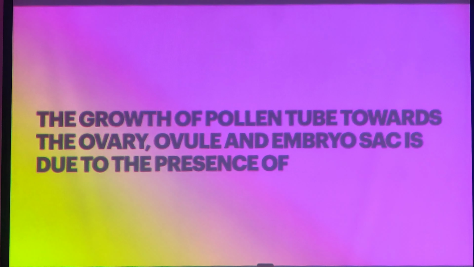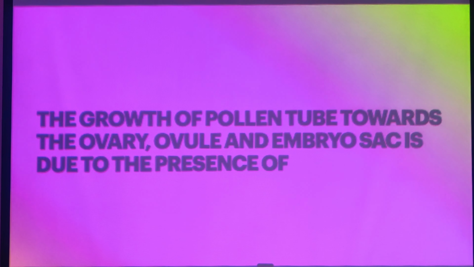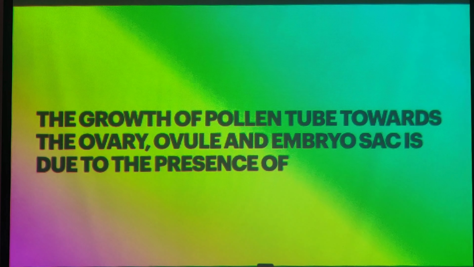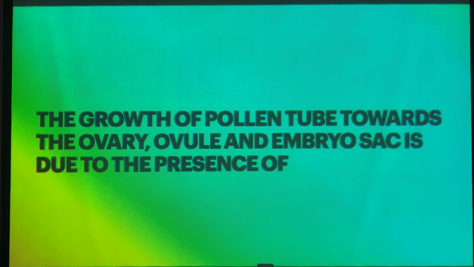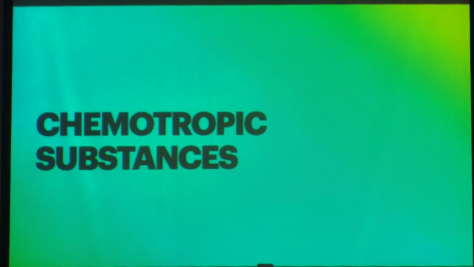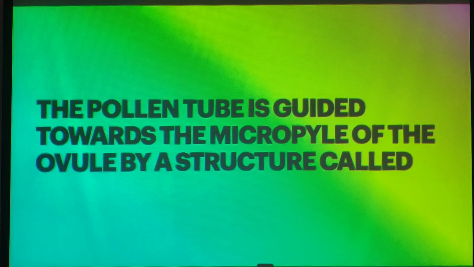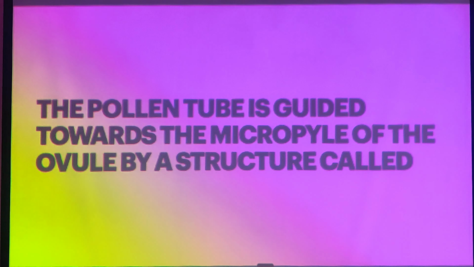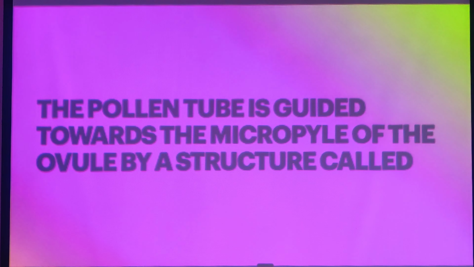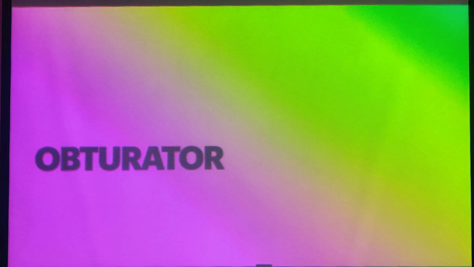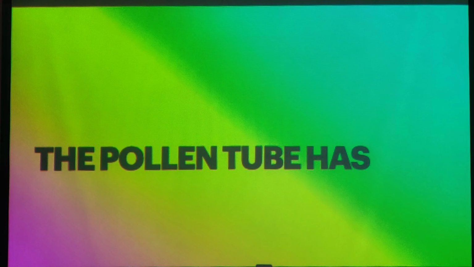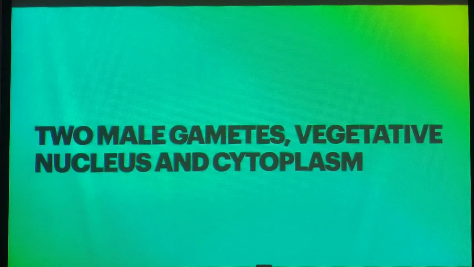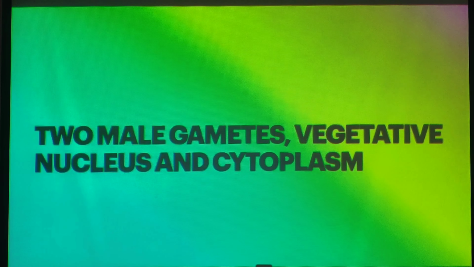The growth of pollen tube towards the ovule and embryo sac is due to chemotropic substances. The pollen tube is guided towards the micropyle of the ovule by a structure called obturator. The pollen tube has two male gametes, vegetative nucleus, and cytoplasm.